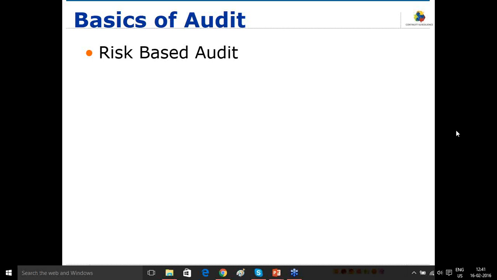So the audits should be risk-based, unlike the conventional internal audits where we used to do audit for each and every function religiously every year or twice a year or quarterly, whatever the frequency.